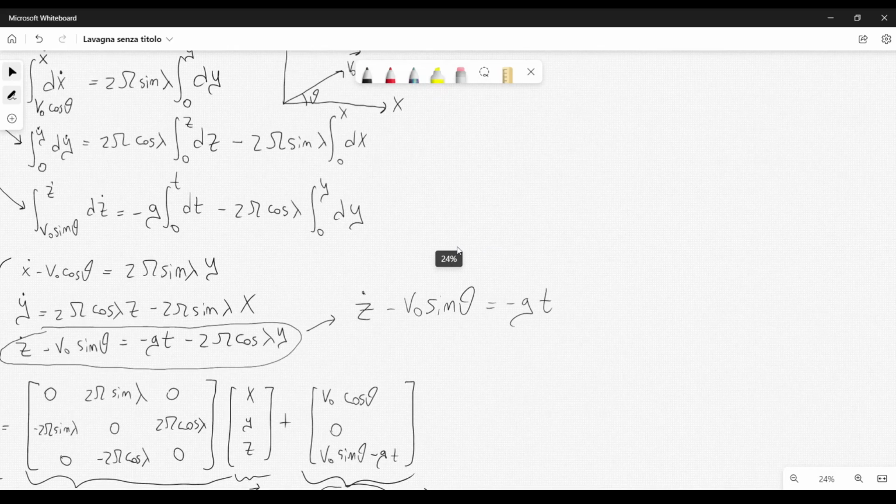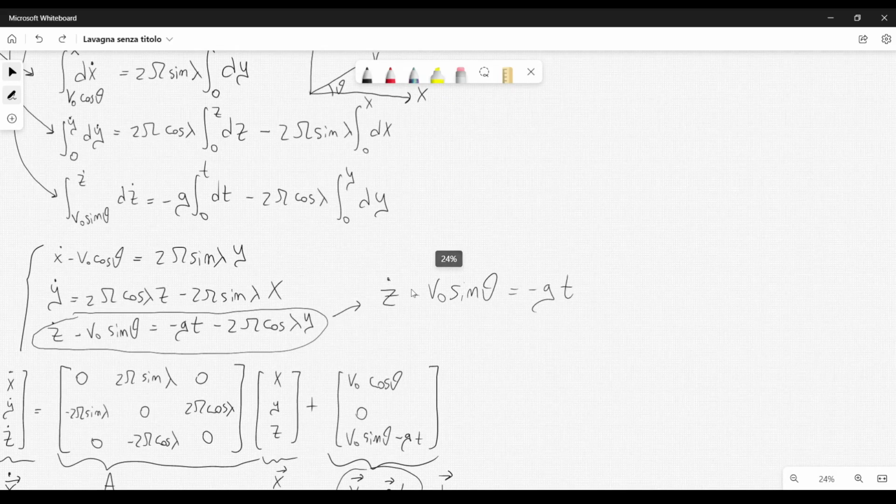Now we can integrate both sides from 0 to the final time, and if we integrate z dot dt from 0 to the final time, we get z evaluated between 0 and tf.